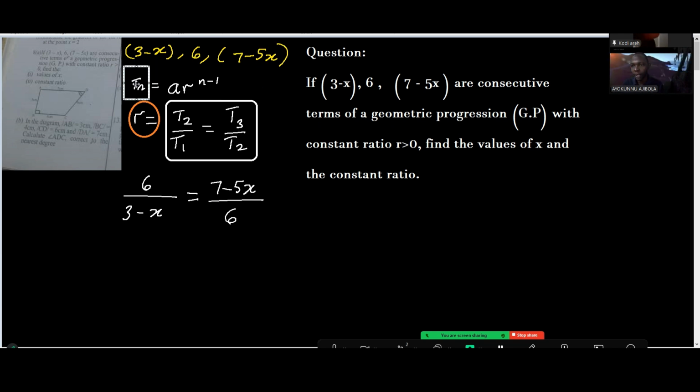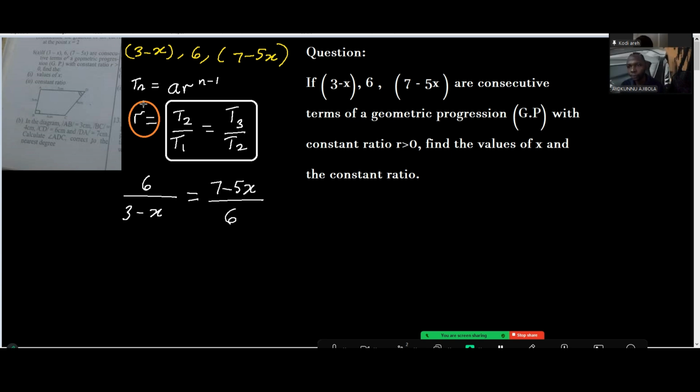Now, the nth term is found by using the formula A r raised to power n minus 1, where A is the first term, r is the common ratio, and n is the number of terms. So, for example, if I'm looking for the fifth term, n is going to be 5. Exactly. Yes, sir.